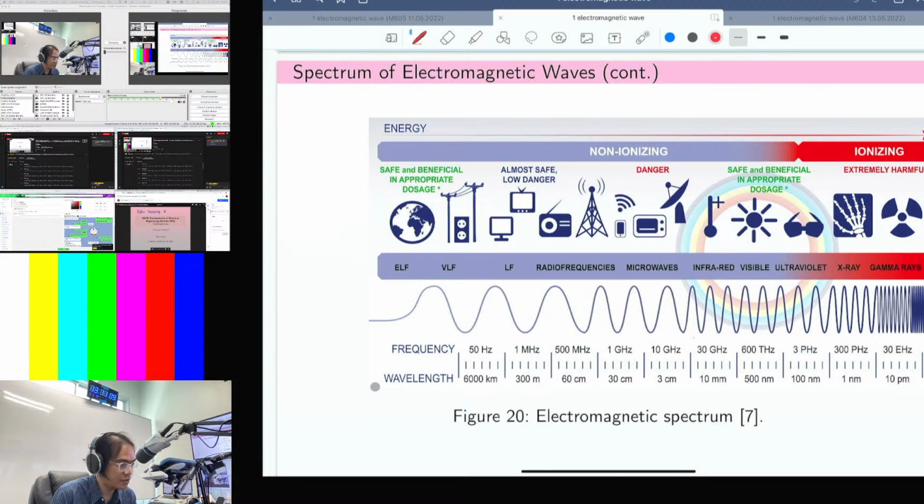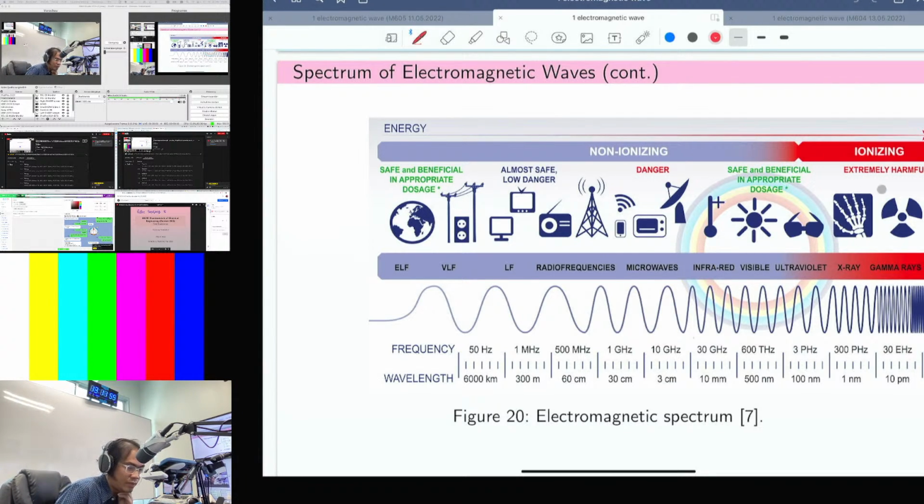If you take a look at these bands in terms of wavelength, it's 6,000 kilometers, which is very, very far, then 300 meters, 60 centimeters, and 1 foot, down to 3 centimeters, 10 millimeters, and the order of nanometers for visible light, 100 nanometers for ultraviolet light, and very, very short, 1 nanometer and 10 picometers, for the extreme bands like X-ray and gamma rays.